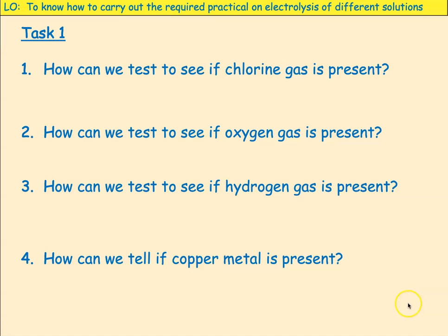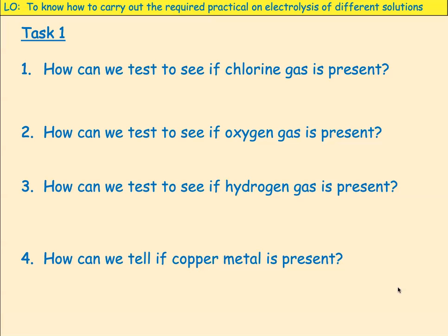Now, before we can do that, we need to recap how we would carry out various tests. So there are 3 gases that we mentioned when we were talking about electrolysing things: chlorine, oxygen, and hydrogen. So we need to recall how we would work out which of the transparent gases, the bubbles that are being made, how would we know if it was chlorine, oxygen, or hydrogen?